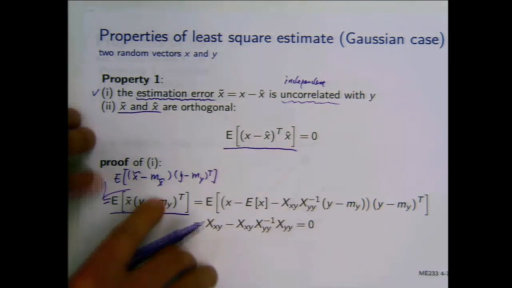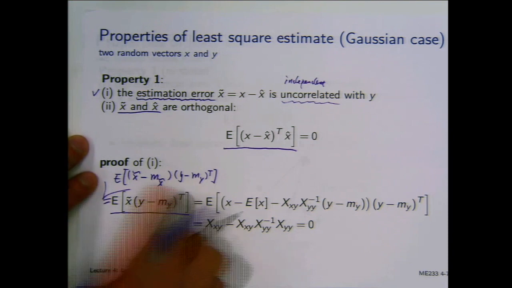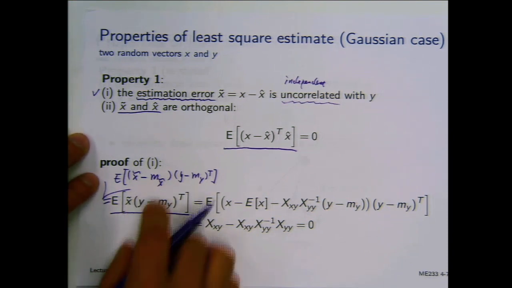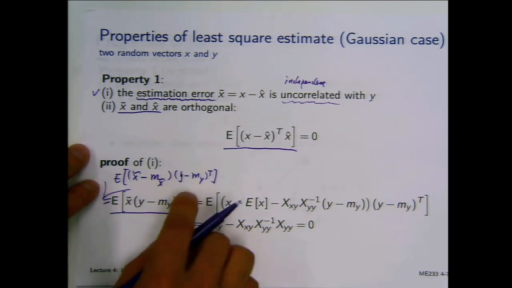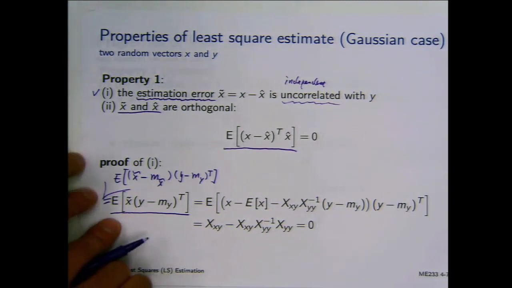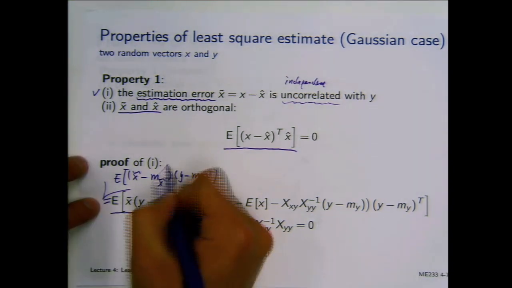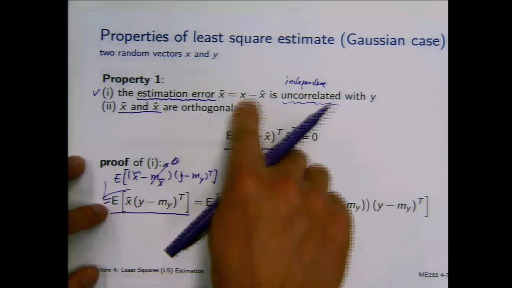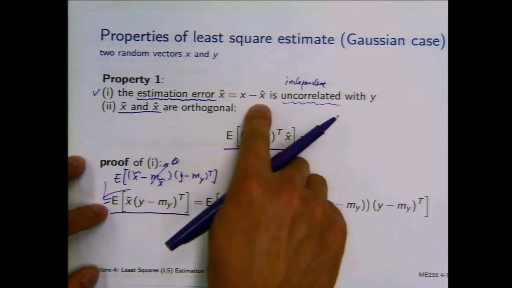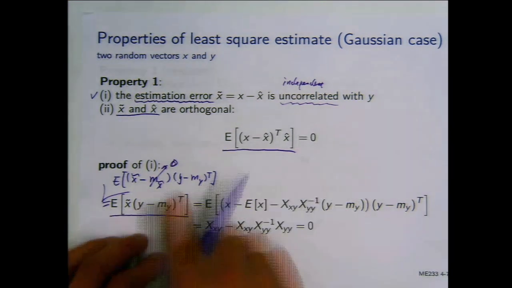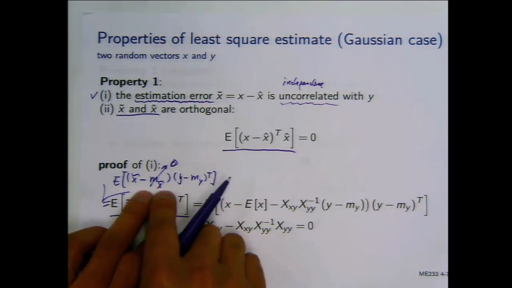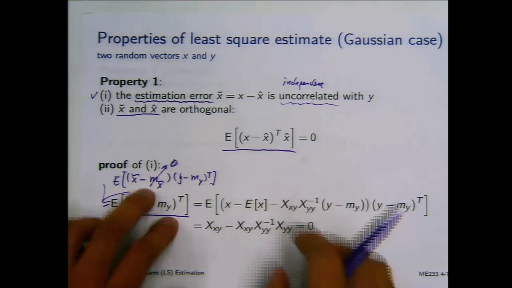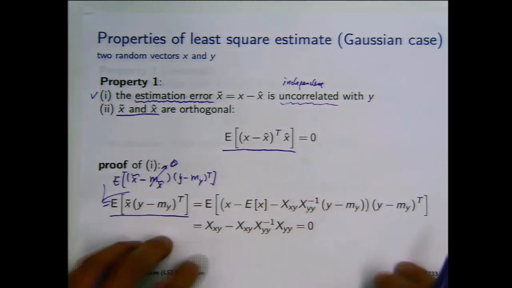I should have written this first. This is evaluated in the cross covariance between x tilde and y. Why does this equal to this? Because this estimate x hat is unbiased.